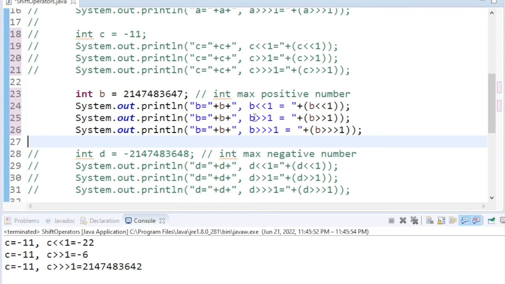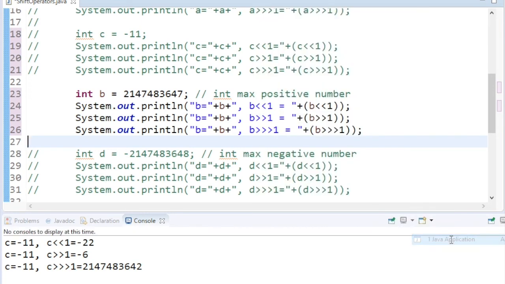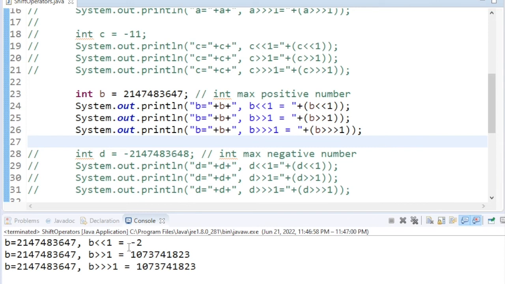Okay, let's perform this. Instead of byte, here we are performing it on integer. That's the only difference. So when I shifted it to the left side, because it already holds the highest number, its sign bit got replaced. 0 got replaced with 1 and it became a negative number.